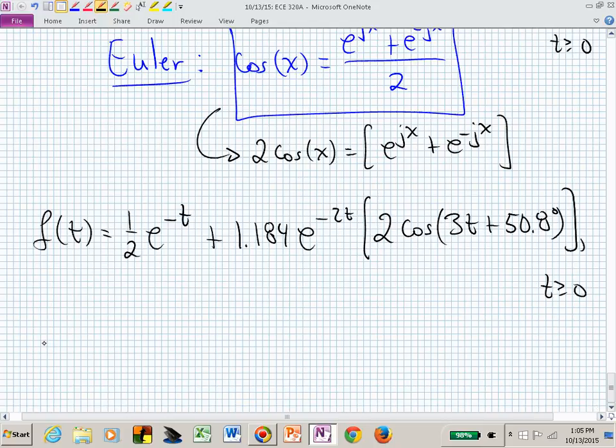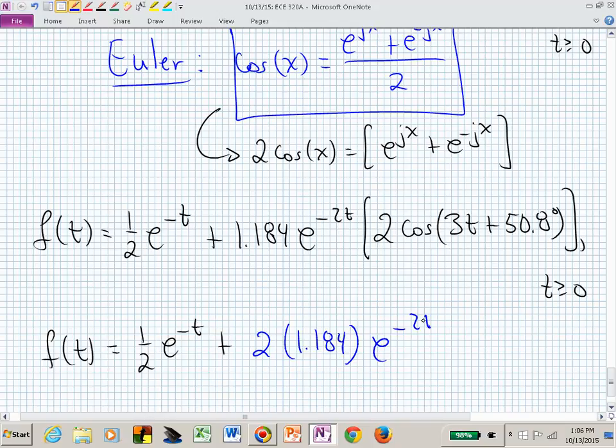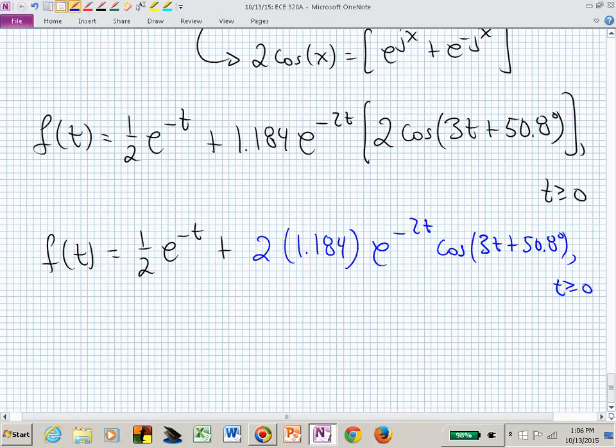Or what you will start to just write down is, let me put the 2 out in front: 2 times 1.184 e to the minus 2t cosine (3t plus 50.8 degrees) for t greater than or equal to 0.